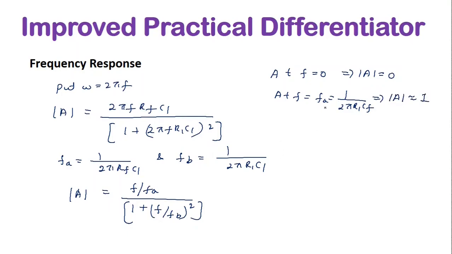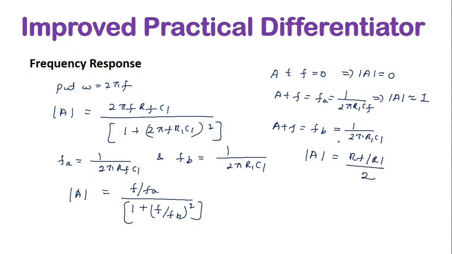That means at frequency fa, the magnitude of gain becomes 1. So this is called the unity gain frequency of the improved practical differentiator. And at f is equal to fb is equal to 1 upon 2 pi R1 C1, the magnitude of gain will be equal to RF upon R1 divided by 2.